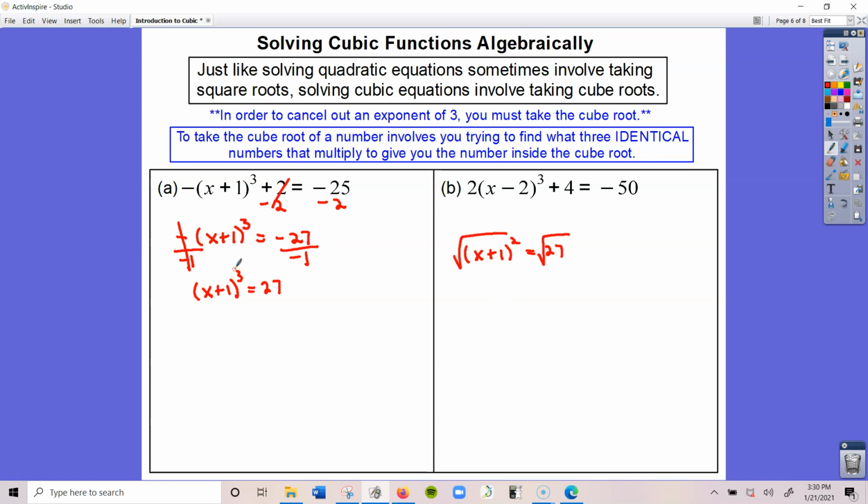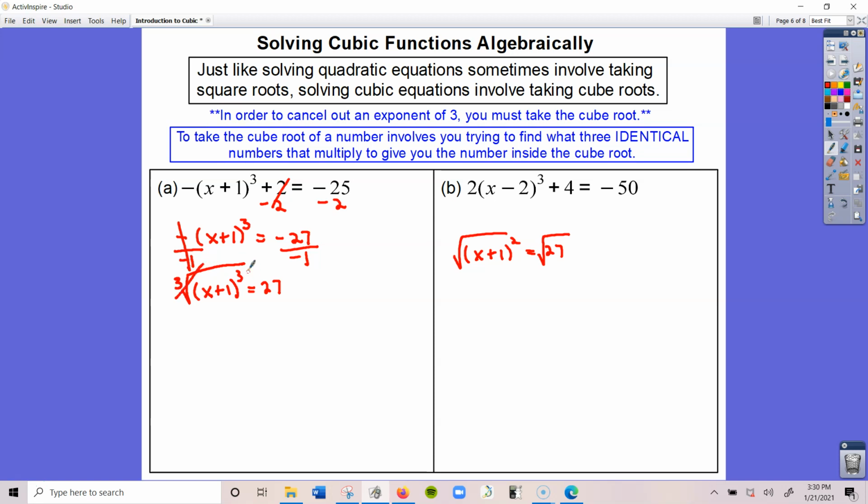But this is not squared. This is cubed. So we have to cube root it. So it looks like a square root, but it's not. It's a cube root. So we write this little number 3 right here in that little space, indicating that it is a cube root.